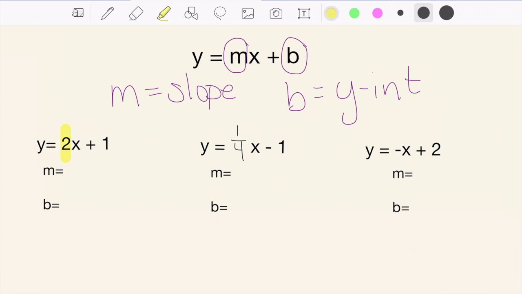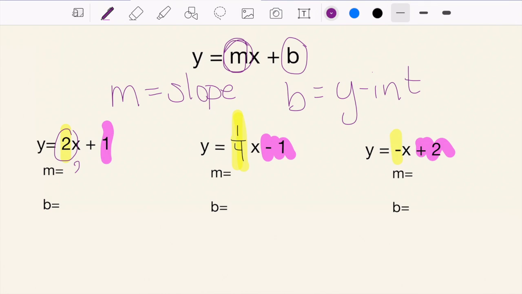So here's our m, here's our b. I can do that in each of these, and lay out where my m and my b are. So my m, again, looking at what's in the m position.